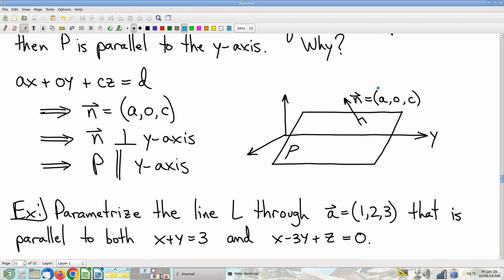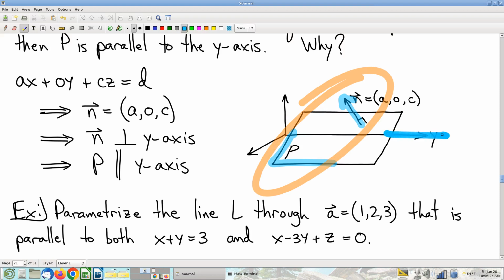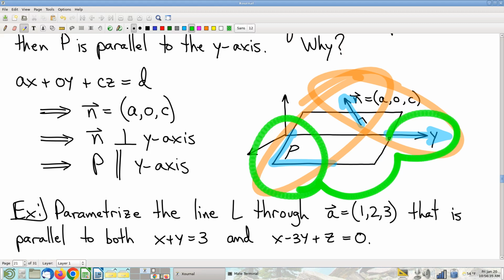And then likewise up here, the plane and the normal vector are perpendicular. The normal vector and the y-axis are perpendicular. And then because of that, we conclude that the plane and the y-axis are parallel.